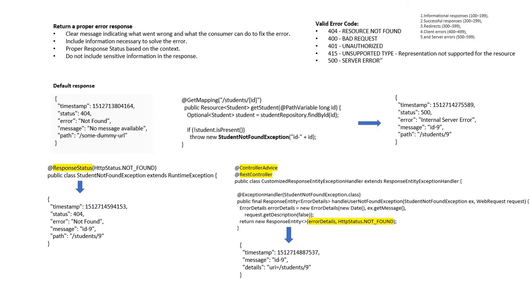Hope you got it. You need to make sure you send some relevant message to the client with a proper error code. For that you can use a response status, or you can send back the response entity populating all the details.